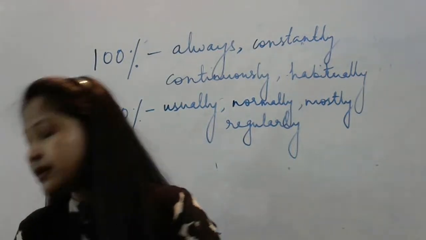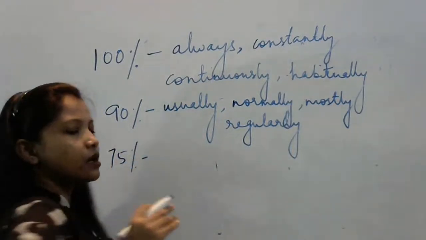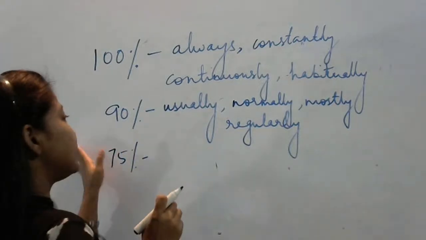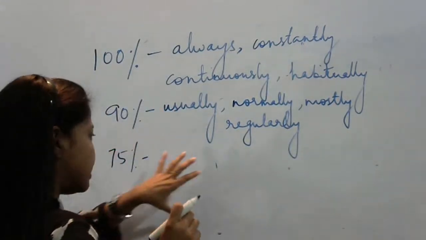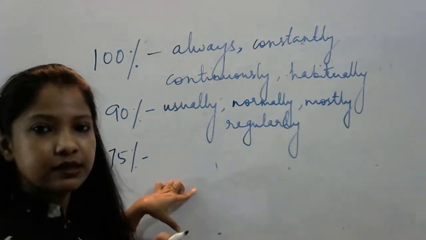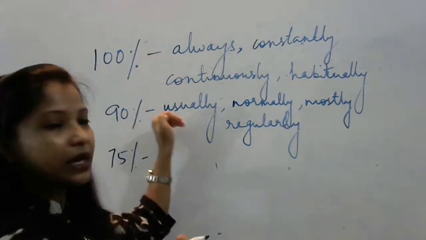Okay, coming to the next one, which is 75%. See, I have written this percentage randomly. This means that these words have a frequency that is a little less than the previous one.